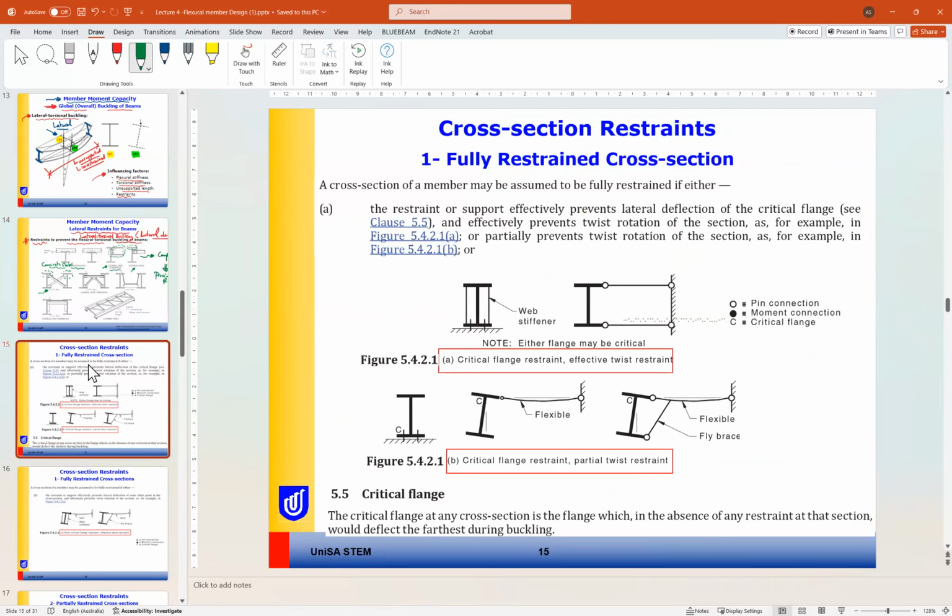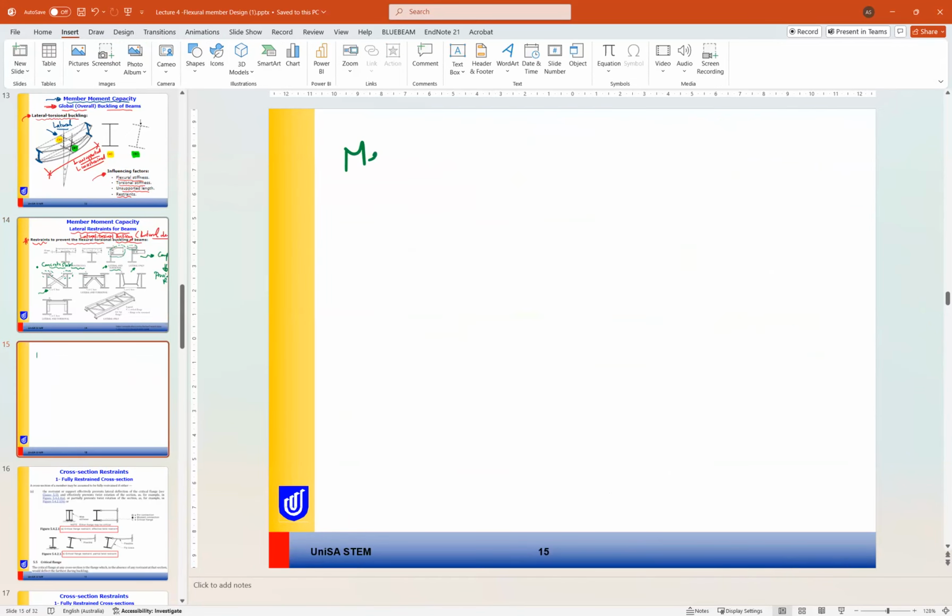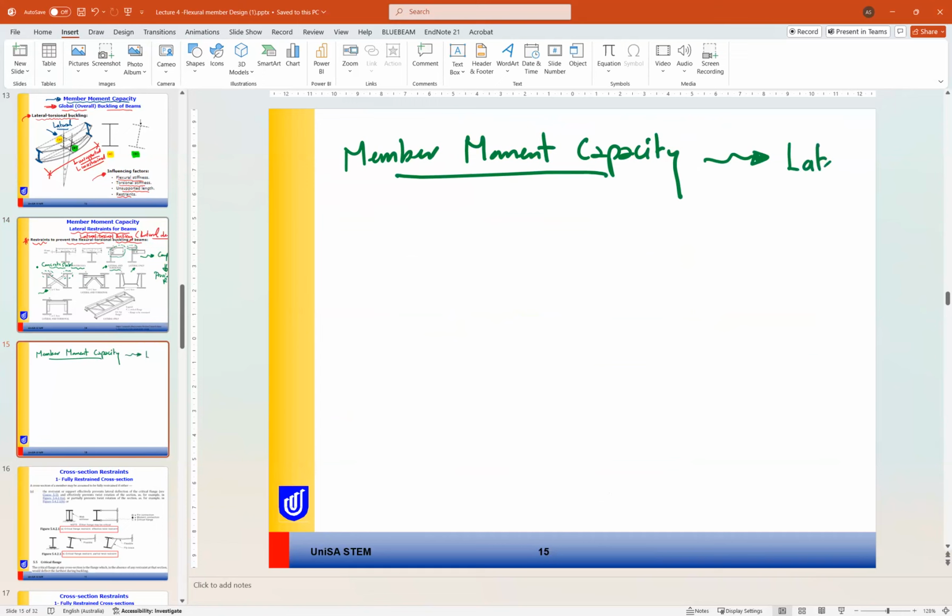And now let's have a look at how the lateral restraint affects the type of the section. As we mentioned earlier, our member moment capacity is affected by the global buckling or the lateral torsional buckling.